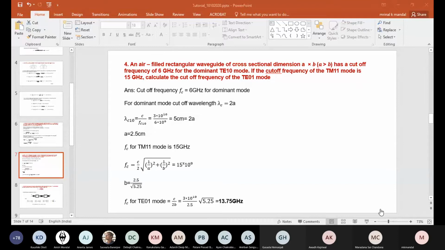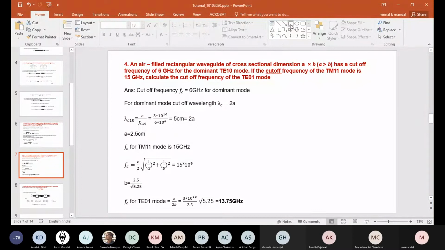So here a rectangular waveguide dimension is A into B. Its cutoff frequency is given as 6 gigahertz for TE10 mode. Cutoff frequency of TM11 mode is also given. So you have to find out the cutoff frequency of TE01 mode.